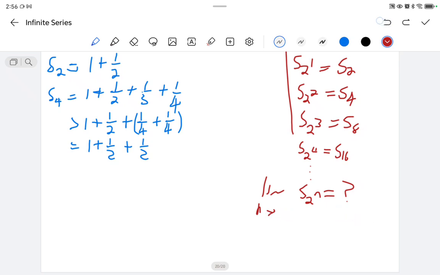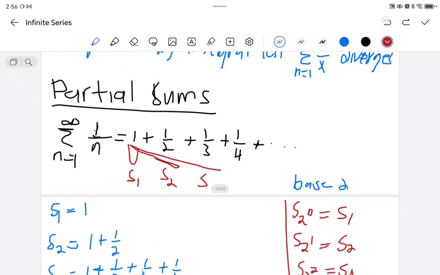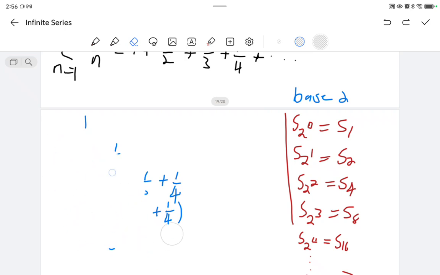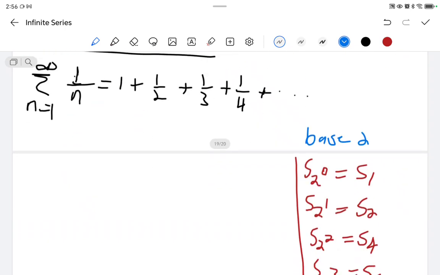Let me erase this and write it. I'm going to take the partial sums, S1, which is coming from this part.